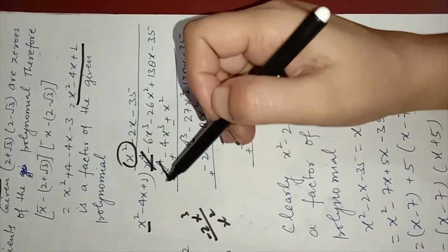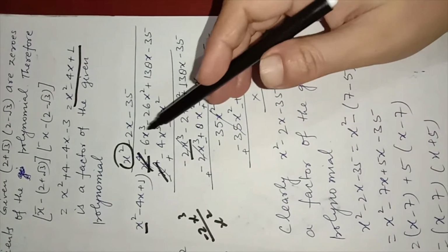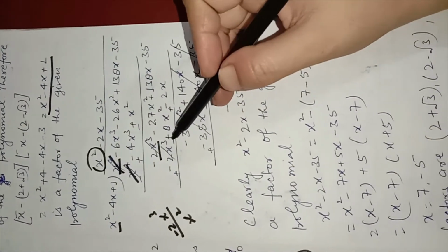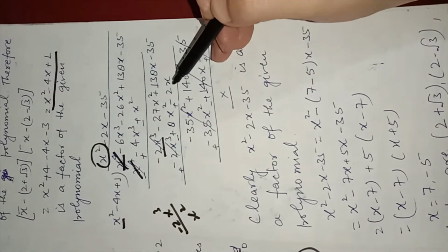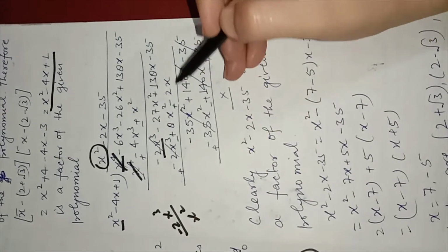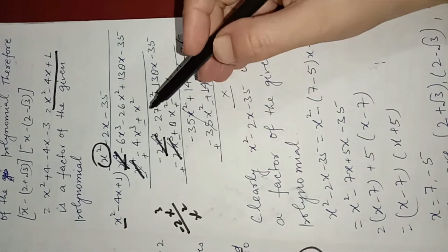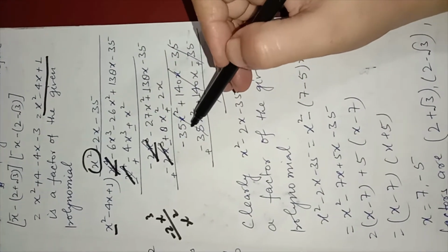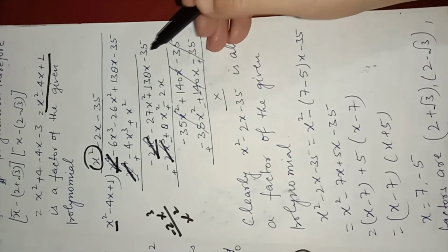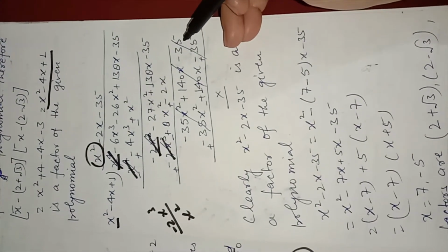We will multiply the divisor. We will get minus 2x cube plus 8x square and minus 2x. We will solve it. Change the sign. Reduce the terms. So here we will get minus 35x square and here we will get 140x. The next term we will copy down as minus 35.